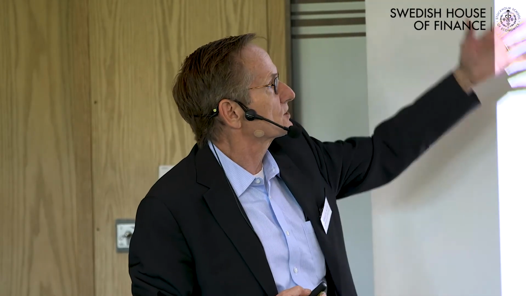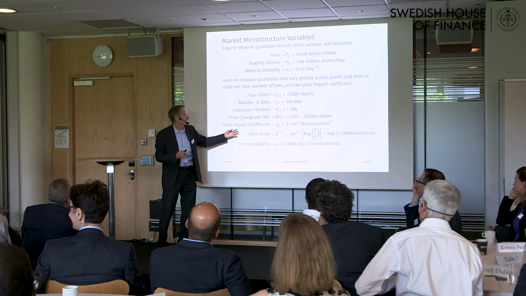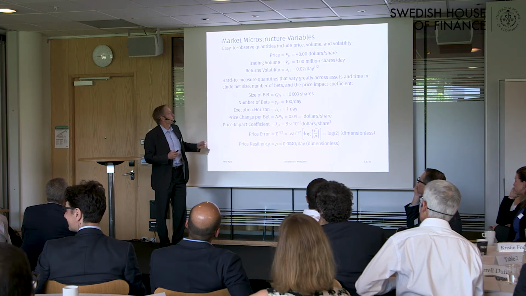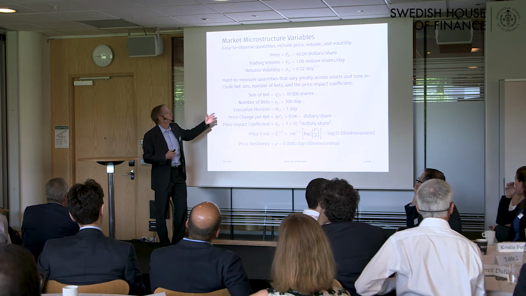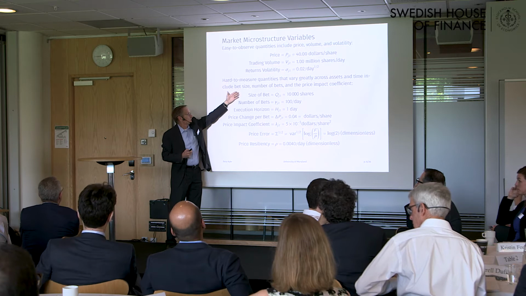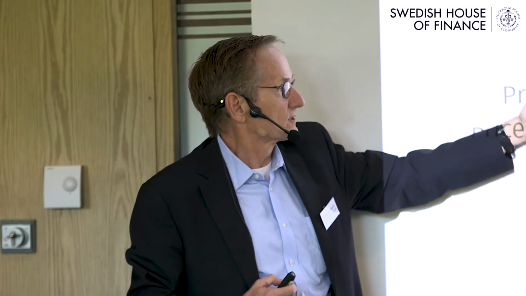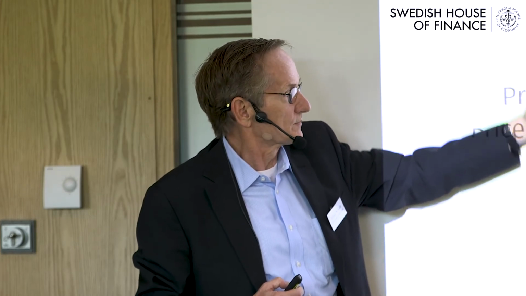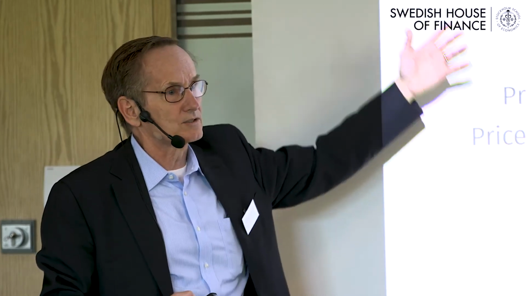We have a bunch of notation here just to make the point that units of measurement are going to be very important. This has kind of the flavor of physics where you have to look at it very, very carefully. I'm going to skip the notation slide and explain to you what it means later, but we have three things: price, volume, and volatility that are easy to observe. We have the sizes of bets, the number of bets, the horizon over which they're executed, the price changes that their execution implies, and things like accuracy and error of prices that vary greatly across assets.